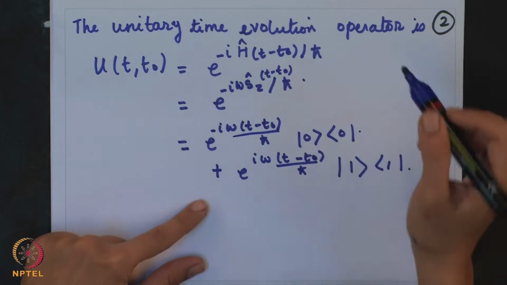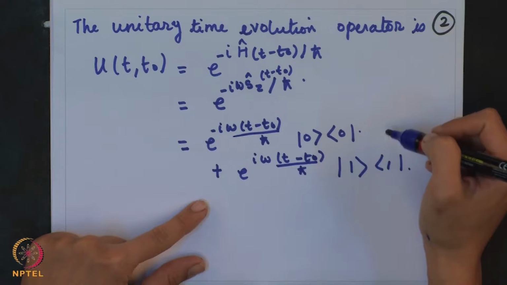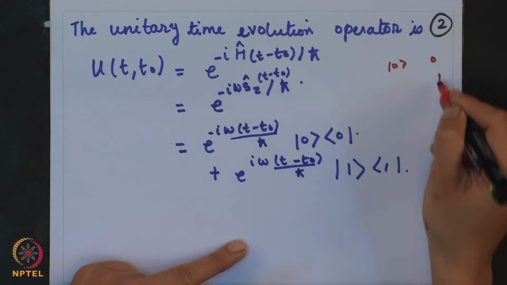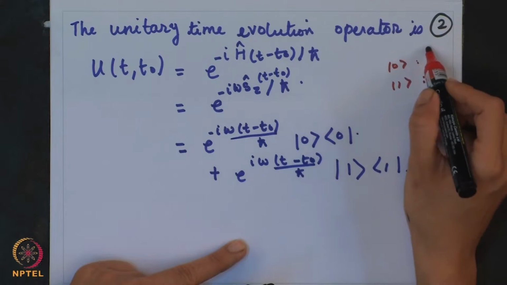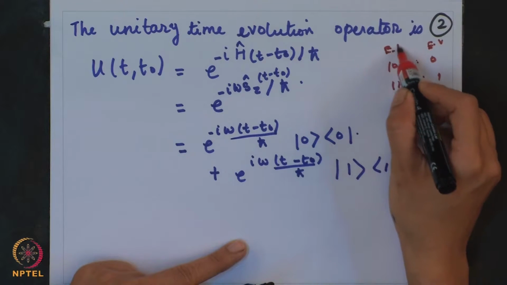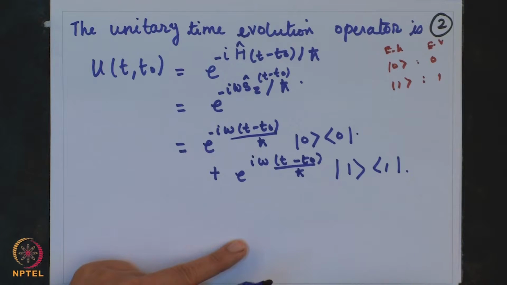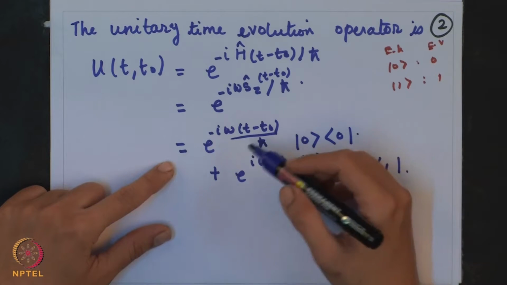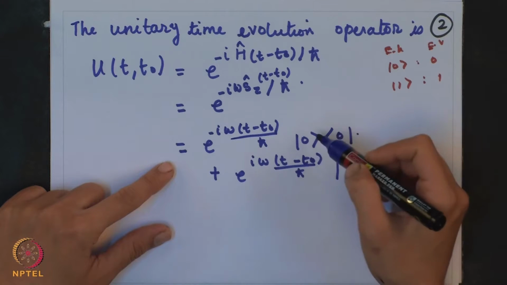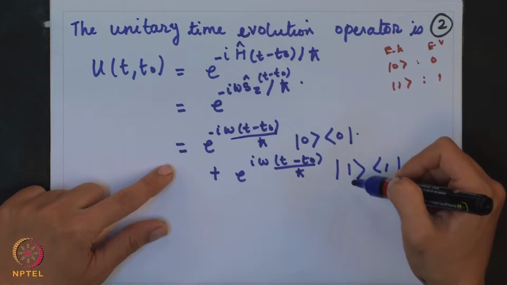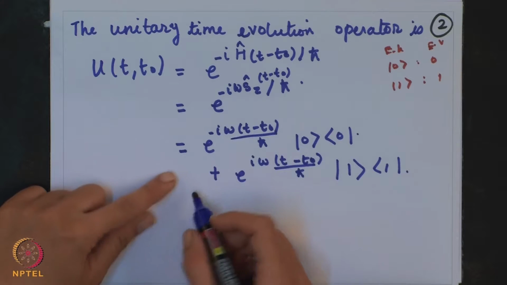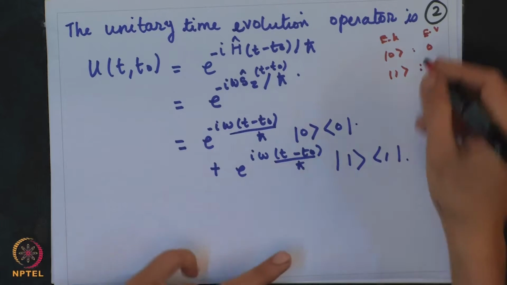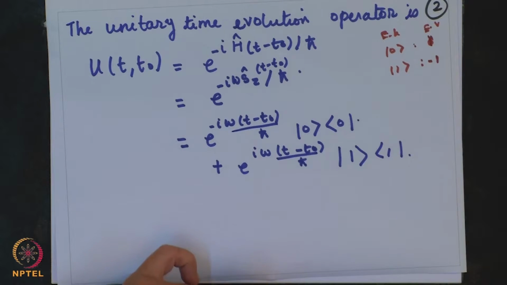Remember, the kets 0 and 1 are the eigenbases of Sz with eigenvalues 1 and minus 1, I am sorry, 1 and minus 1, I made a mistake. These are the eigenkets, and we have another ket in terms of the Sz basis.